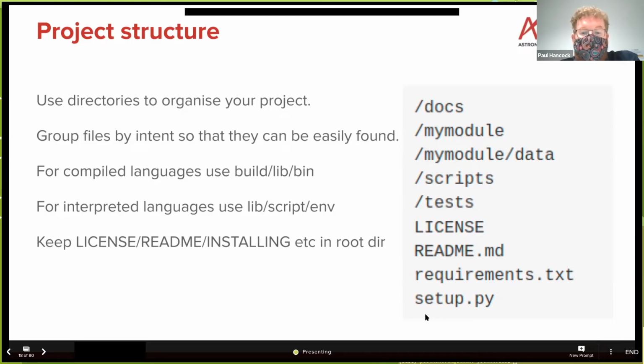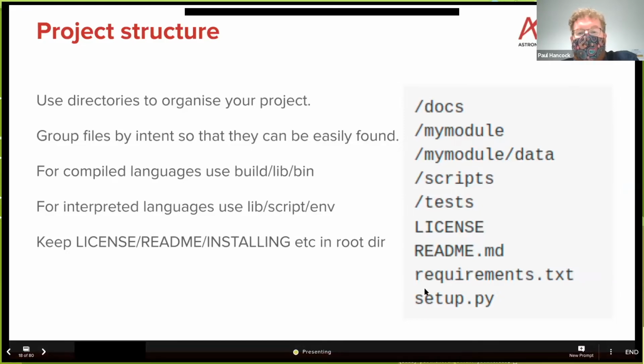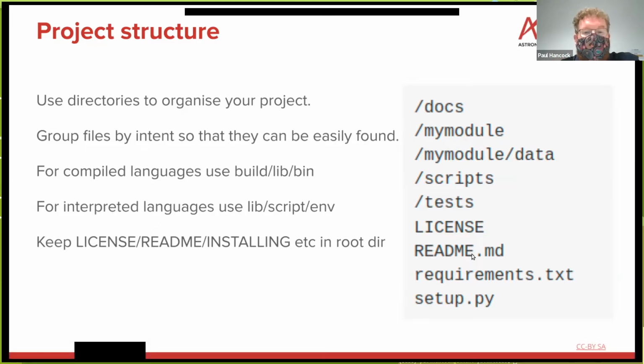It's quite nice for a user if their first introduction to your code is a well-structured directory. Ideally the root directory has only a few files in it, so it's obvious for people to know where to start. A README file, usually readme.md in Markdown format, is the first place that people will look.